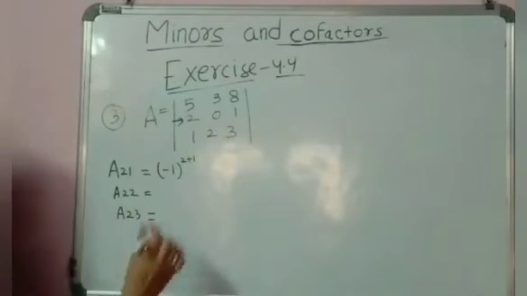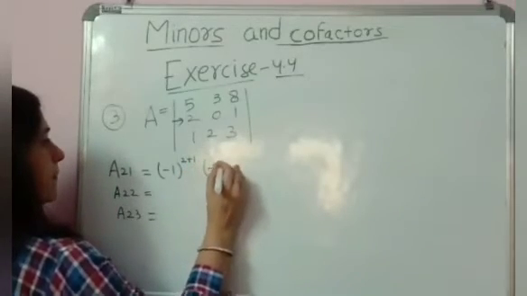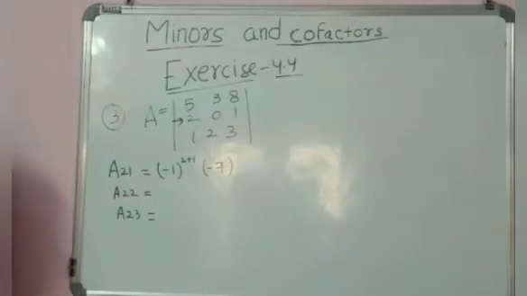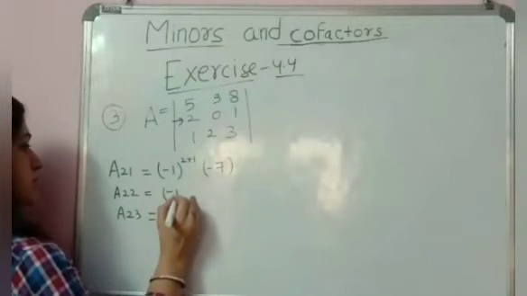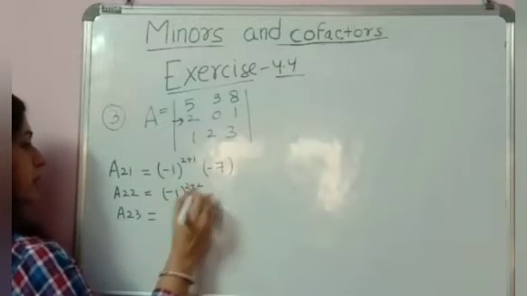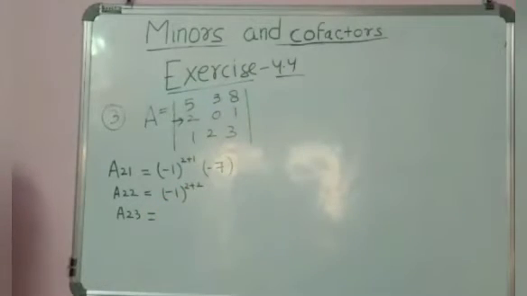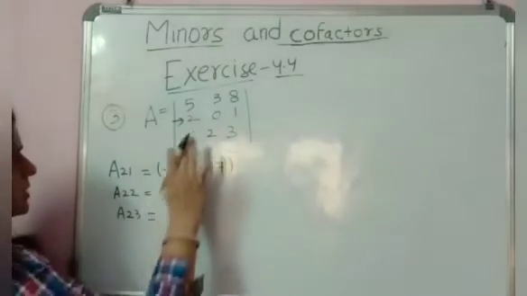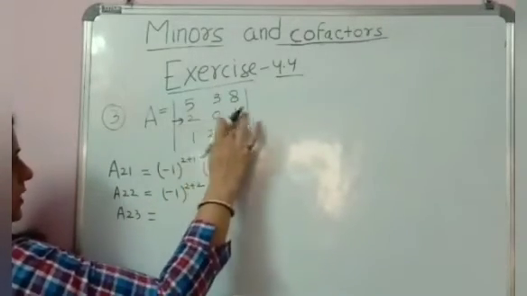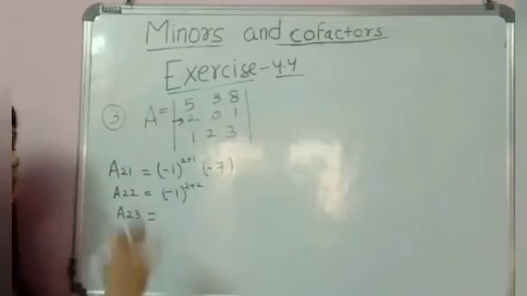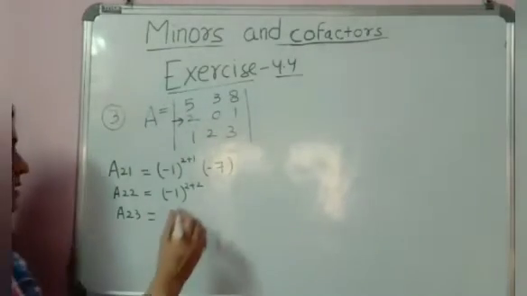So it is equal to minus 7. Now minus 1 power 2 plus 2 into the next element, which is 0. Its minor will be 15 minus 8, so that is equal to 7.